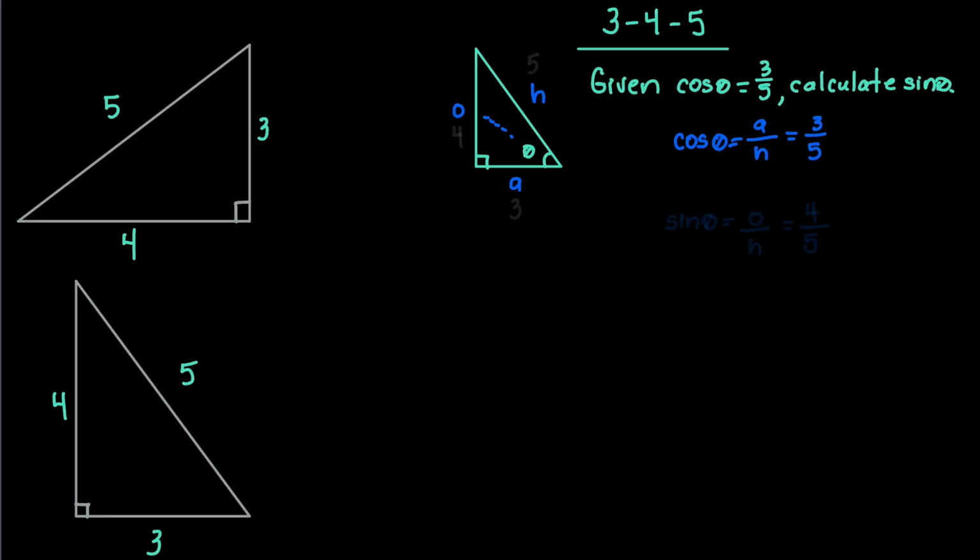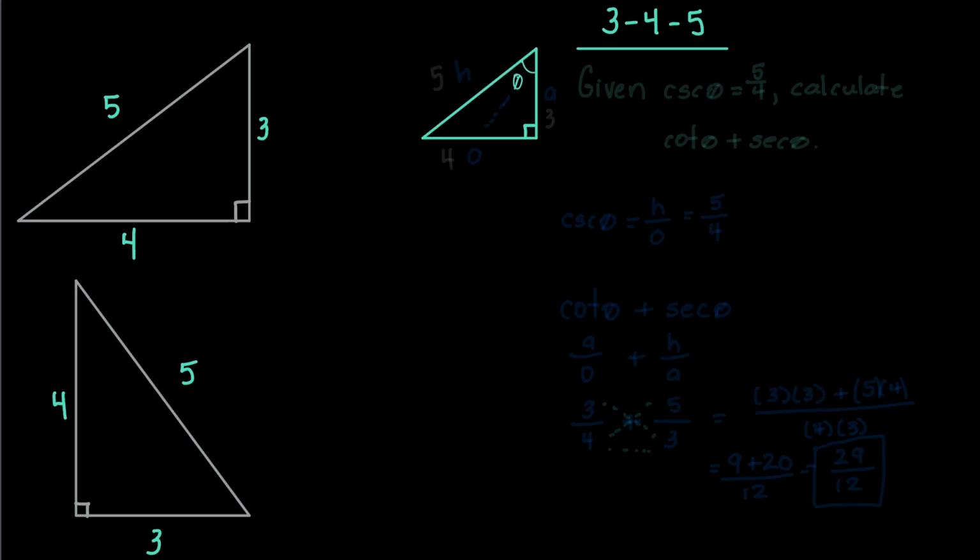So that means my adjacent side is 3 and my hypotenuse is 5. All right, we've got two sides of our triangle. The hypotenuse is 5. One of the legs is 3. I automatically know the other leg is 4. So I go back, sine of theta, which is opposite over hypotenuse, is 4 over 5.